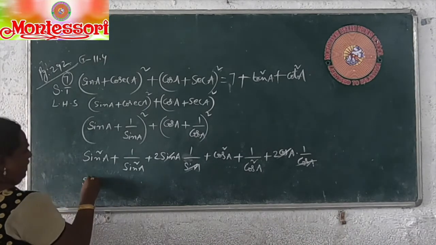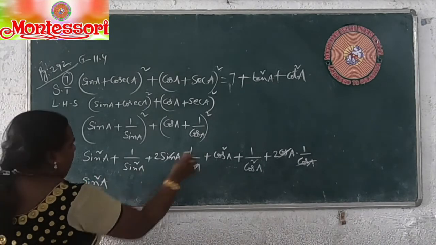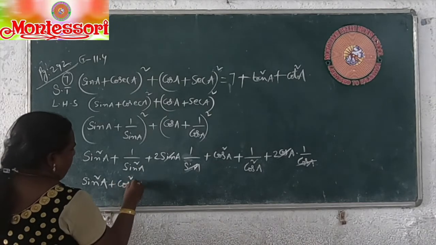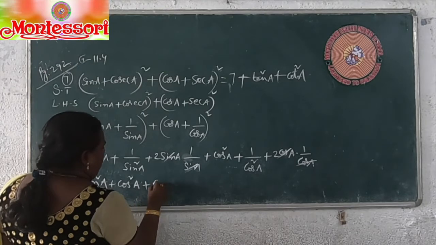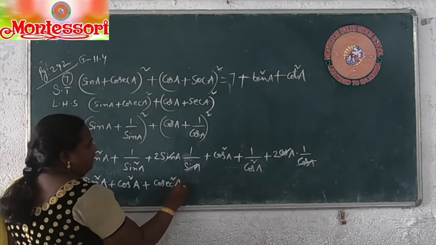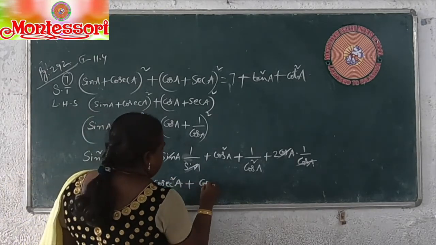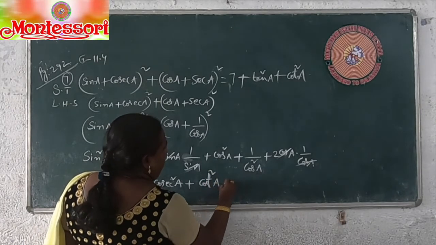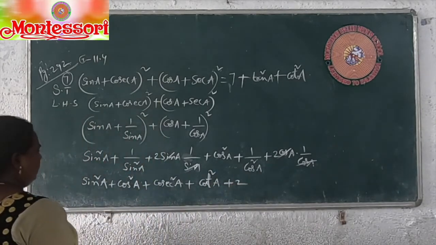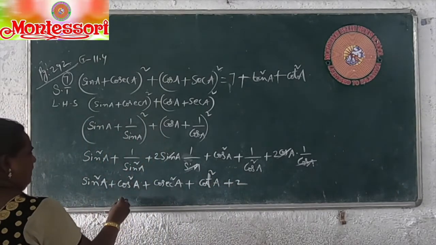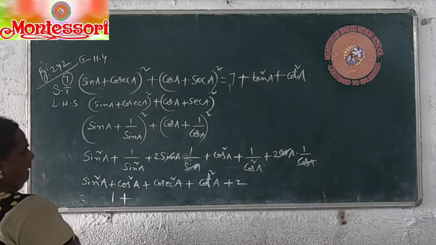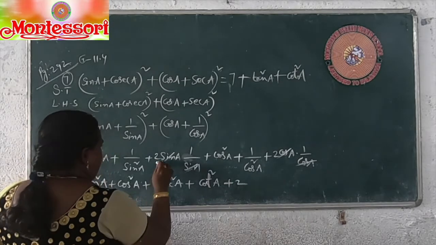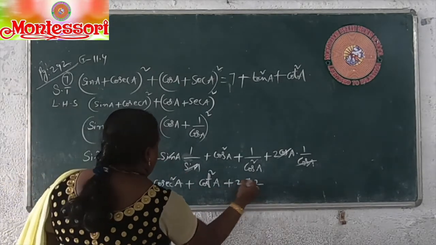So sin square A plus cos square A. Now 1 by sin square A, I will keep it as cosec square A, and 1 by cos square A as sec square A, plus 2. Now sin square plus cos square is equal to 1 plus, here already we have 2, so 2 plus 2.